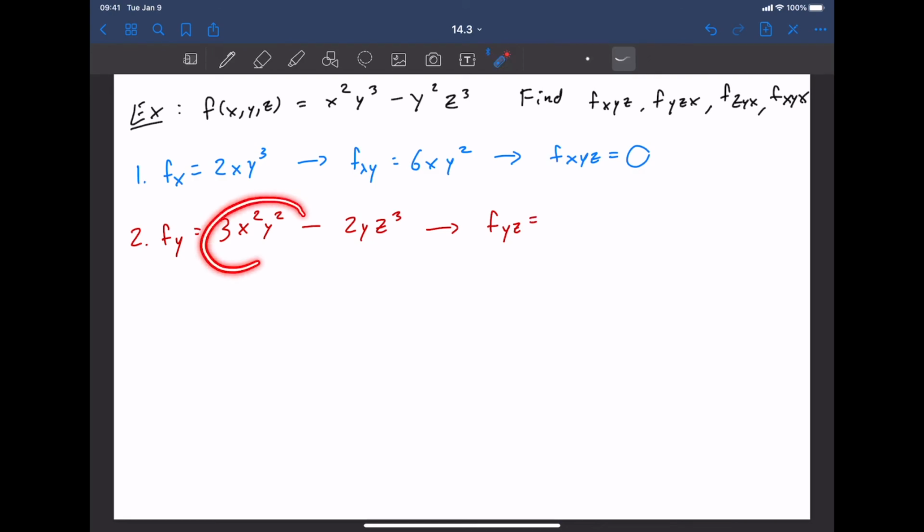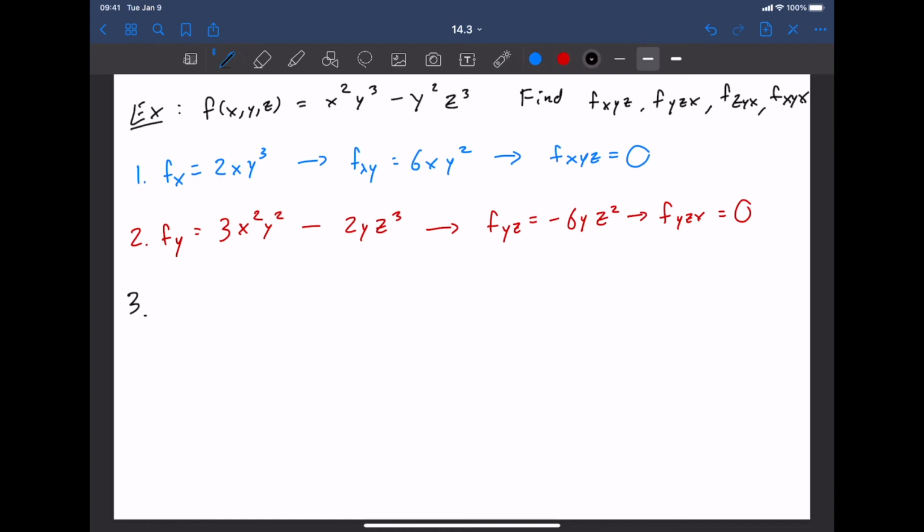So now this first part fades into the background. It's just constants. 6yz squared. And now I take this guy's derivative with respect to x, because I'm doing this one. Whoops. Yzx. And I would get 0, because with respect to x, this whole thing is constant. Done.